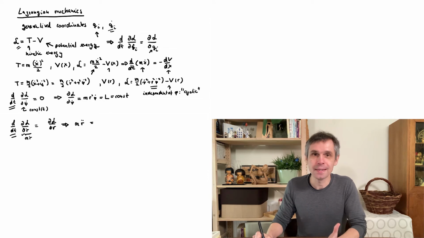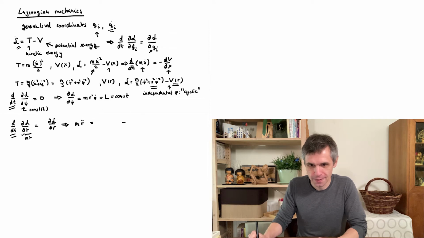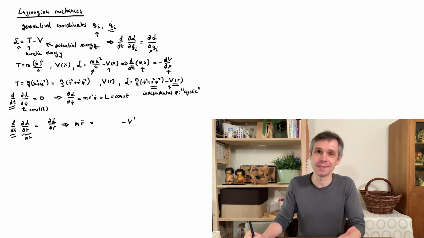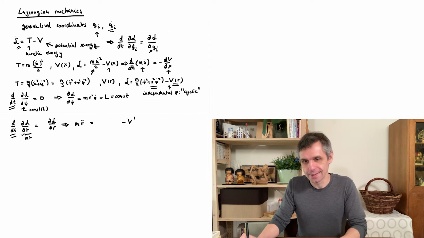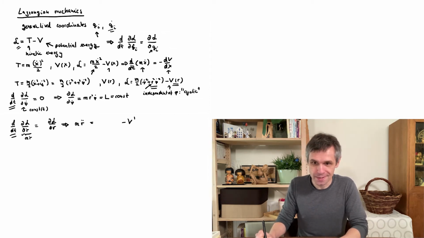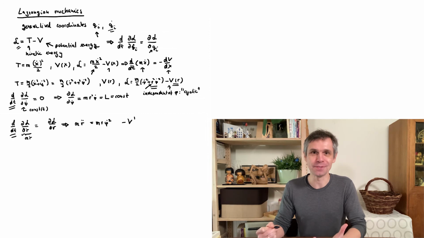And on the other side, we actually now get two terms. One arising from the potential energy, which we can just write as its derivative again, and another term arising from here. And this takes exactly the form of the fictitious force that we encountered before. So we automatically get this for free.